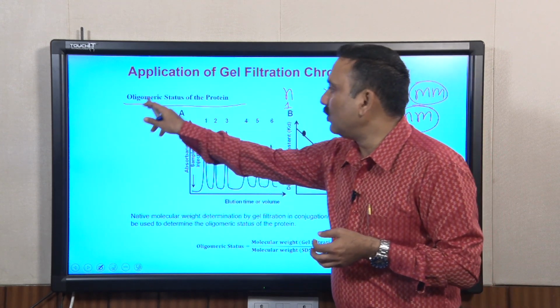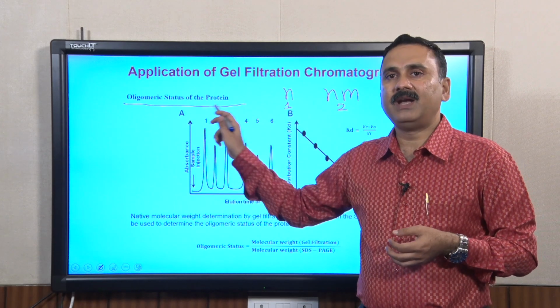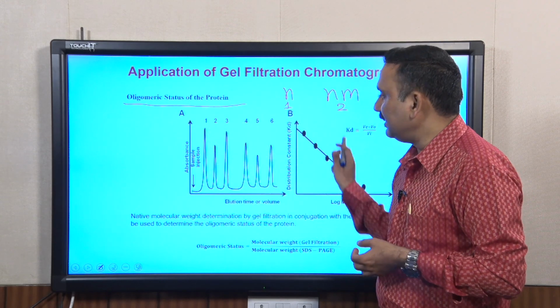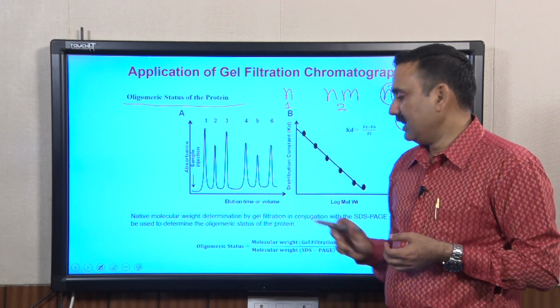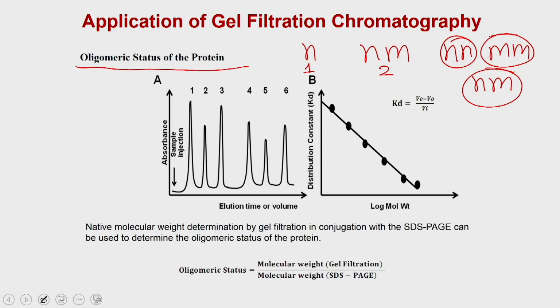Once you calculate the molecular weight of the protein using the method we just discussed, you can also calculate the molecular weight using SDS-PAGE. SDS-PAGE gives you denaturing conditions, which means in the case of a monomeric protein, it will give you the molecular weight of N, whereas the gel filtration is going to give you the molecular weight of NN.